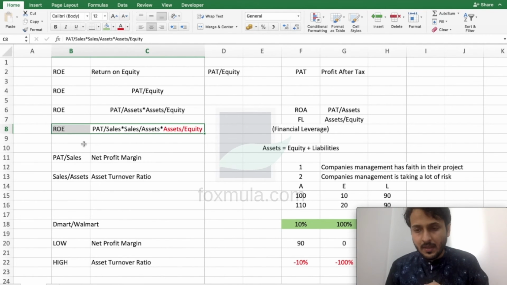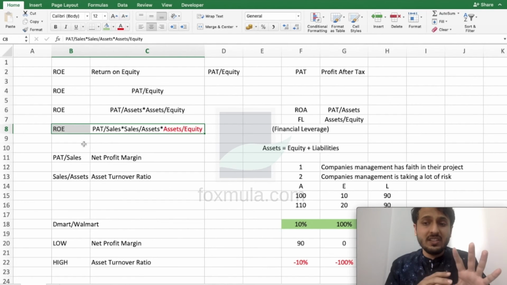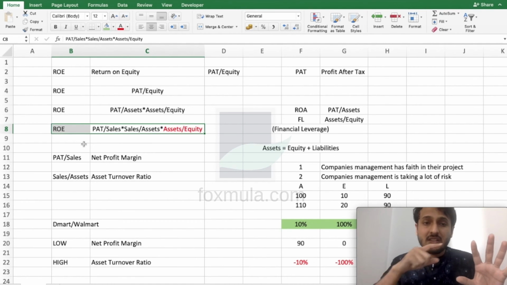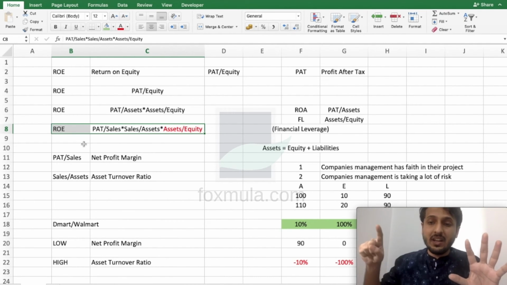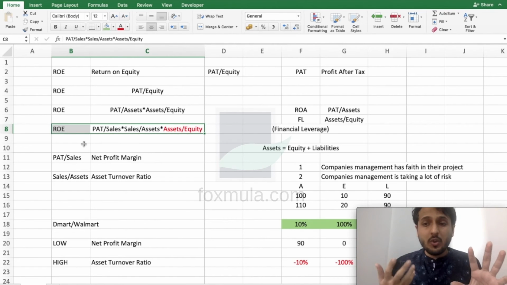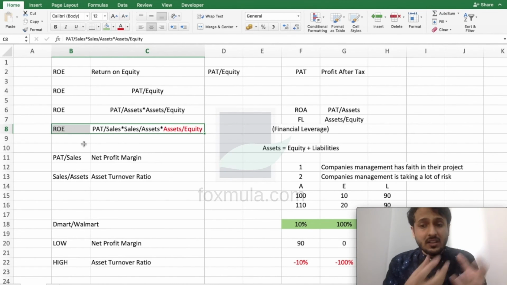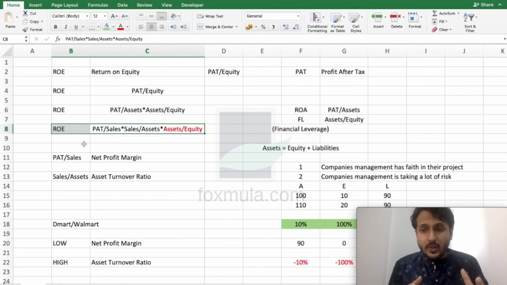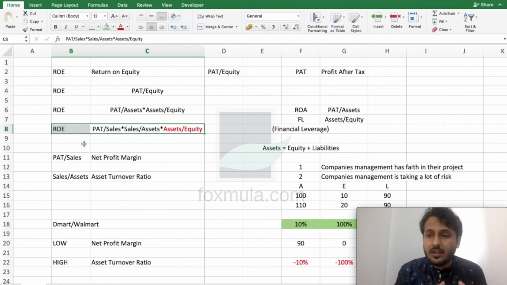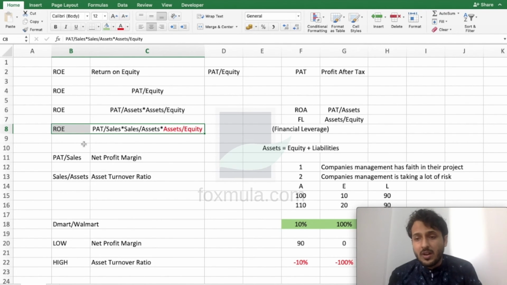But if I talk about only TCS and I say that TCS's return on equity is increasing year on year, then you will pull 3 years of data for TCS and compare net profit margin for the last 3 years. You will compare asset turnover ratio for the last 3 years. You will compare financial leverage for the last 3 years.